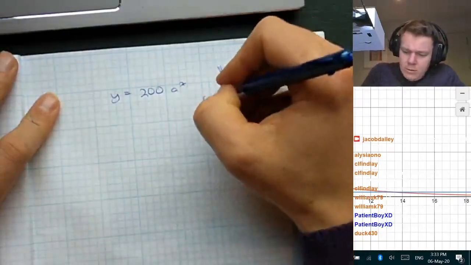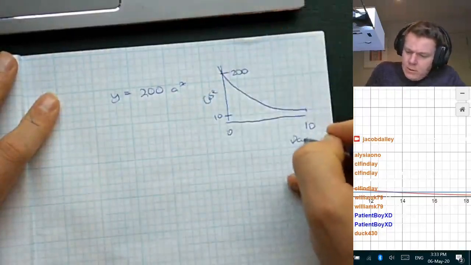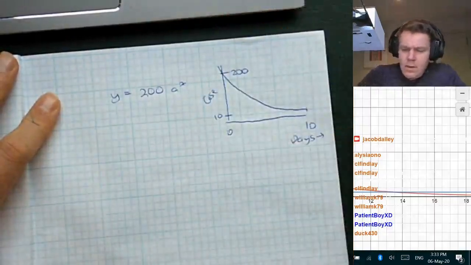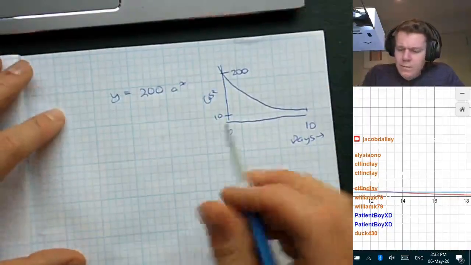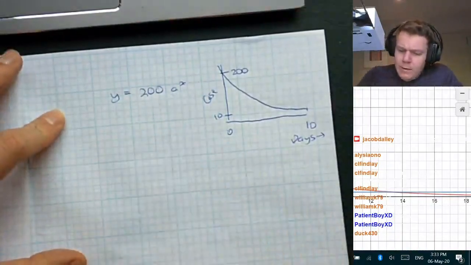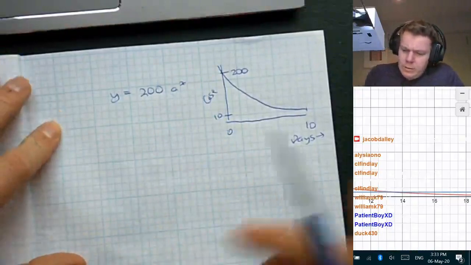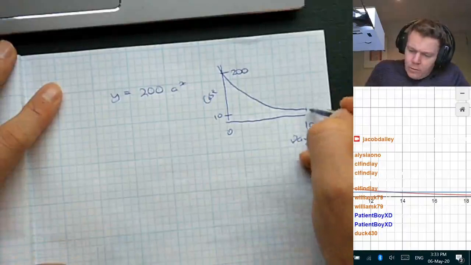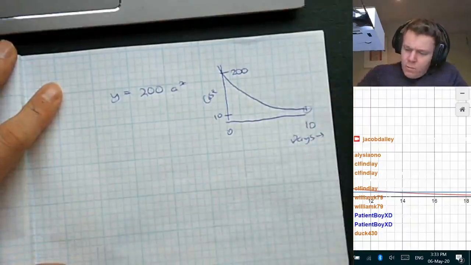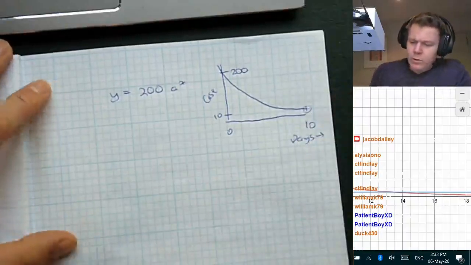So this is your cases, and this is your days. And we want to know the shape factor of our decay curve. So we have this coordinate to work with.